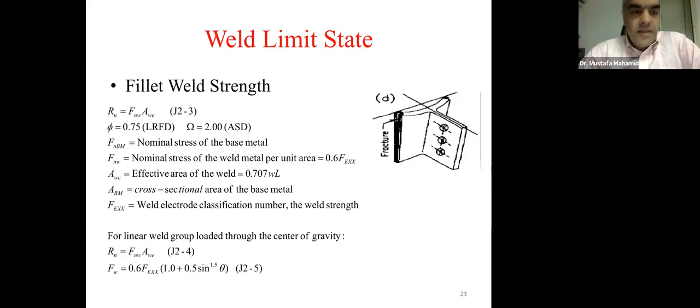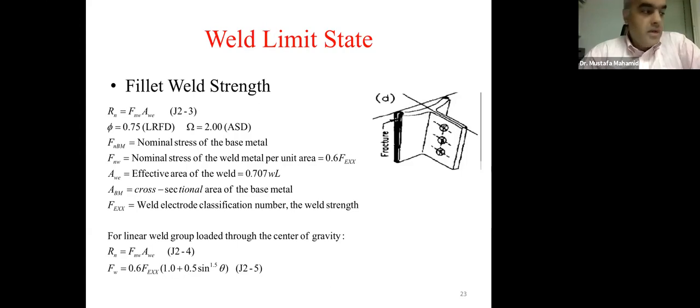where we have FNW times AWE. FNW is the nominal stress of the weld metal per unit area, and that's equal to 0.6 times FEXX, which depends on the electrode that's used. And AWE is the effective weld area.